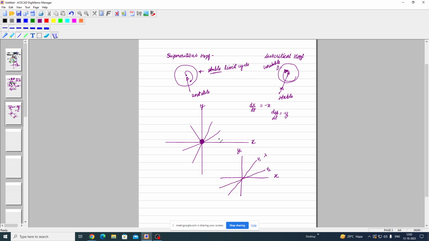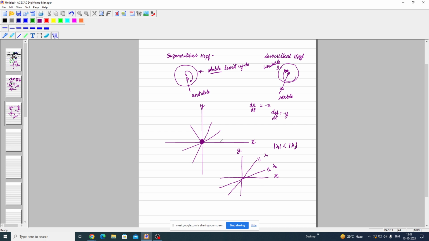So let's say eigenvector 1 corresponding lambda is lambda 1 and eigenvector 2 corresponding lambda is lambda 2, and let's say that the magnitude of lambda 1 is less than the magnitude of lambda 2. So the slower eigenvector will be v1 because lambda 1 magnitude is less than lambda 2.